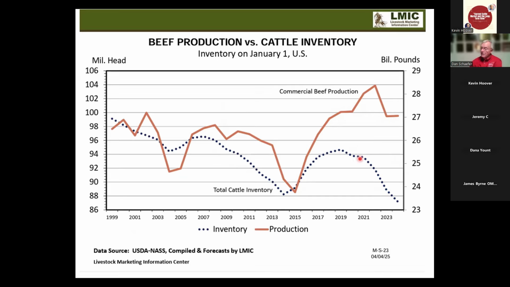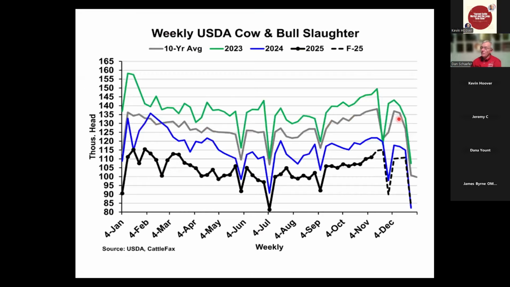Now, Daryl Peel comments that we will probably see a further decline in commercial beef production in 2026, and probably a further decline in 2027, because we have not yet started to rebuild the nation's beef cow herd.